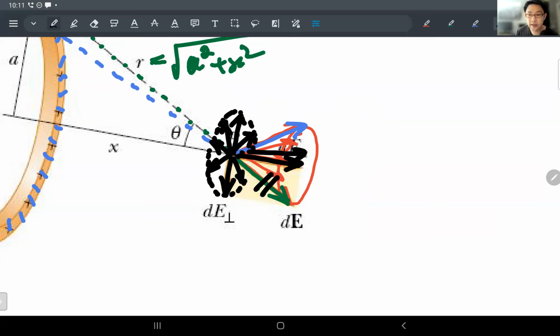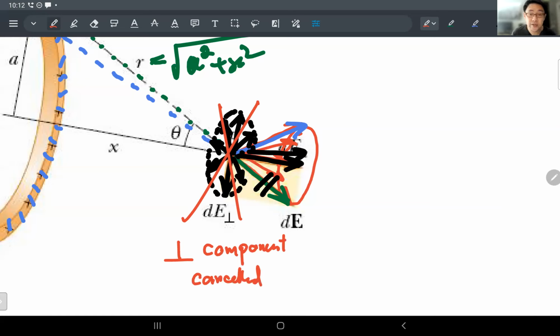That perpendicular direction will pretty much fill up the whole circle there. So what you get out of this is a complete cancellation. You cool with this? So that means the perpendicular components all cancel.